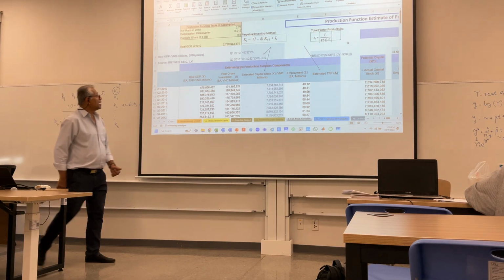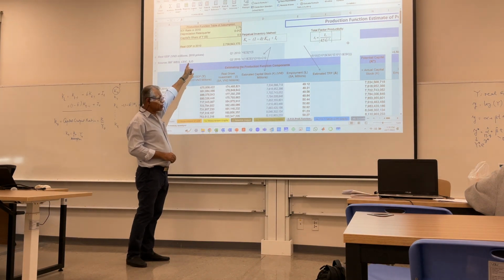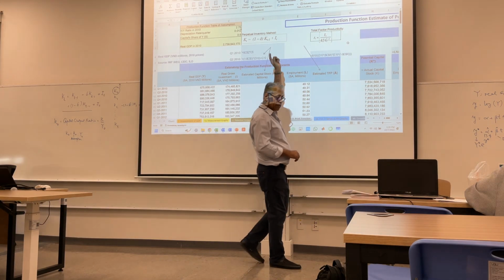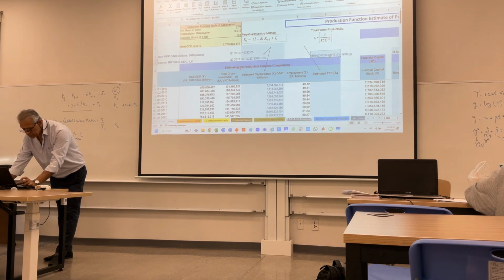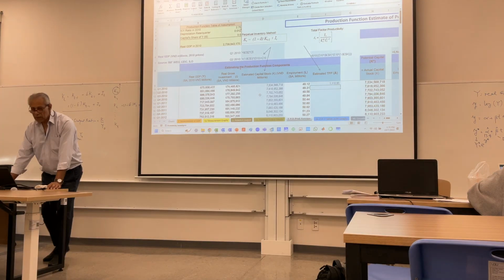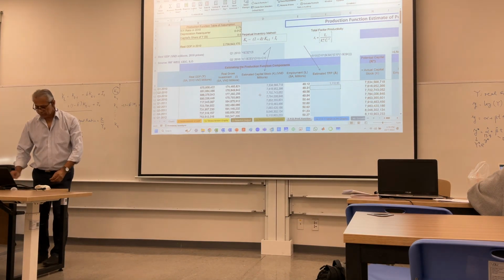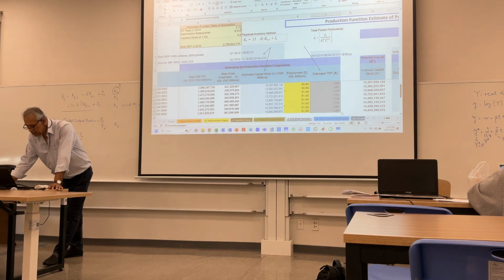And as long as I have some estimate or idea what the share of capital in total output is, and here I'm assuming a number of 0.5, I've made an estimate of my total factor productivity, and I can carry that formula down all the way to get a series on A.